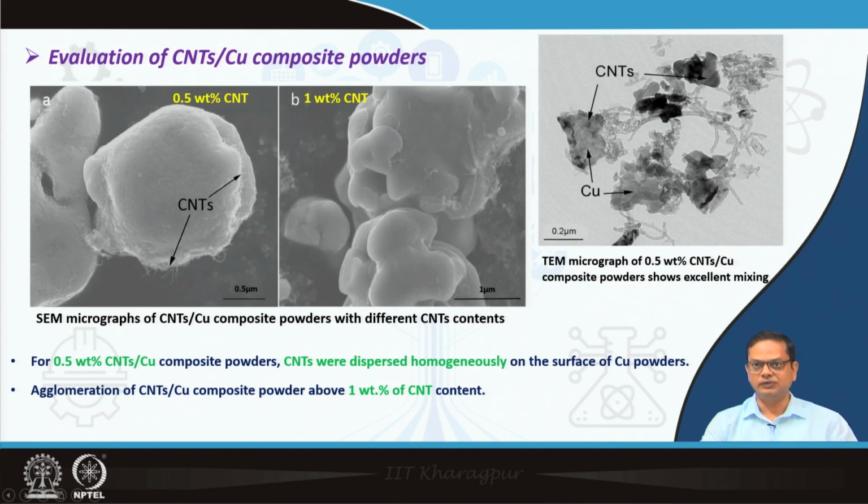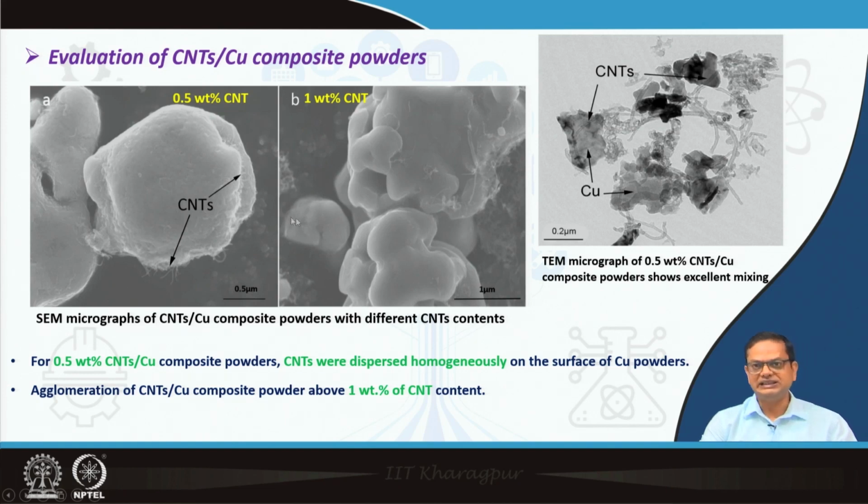That is what they call molecular level mixing. You can see all the CNT particles and Cu particles are separated out and distributed evenly. And this is 0.5 and 1%.